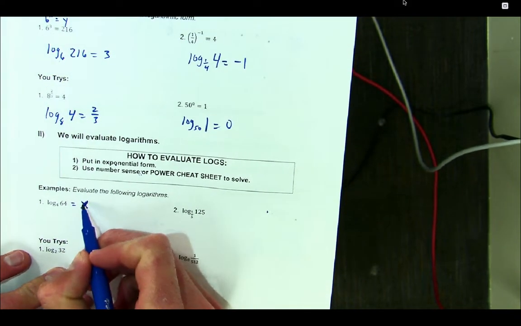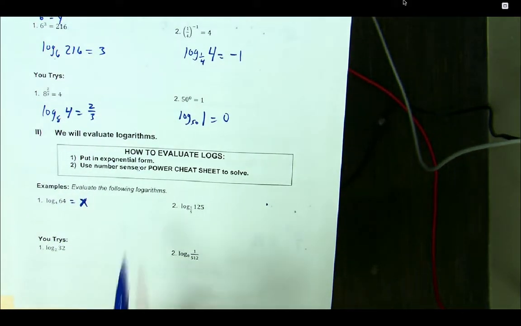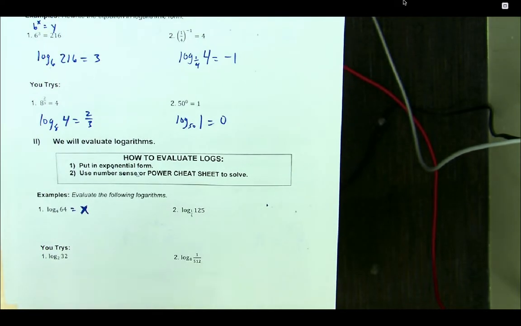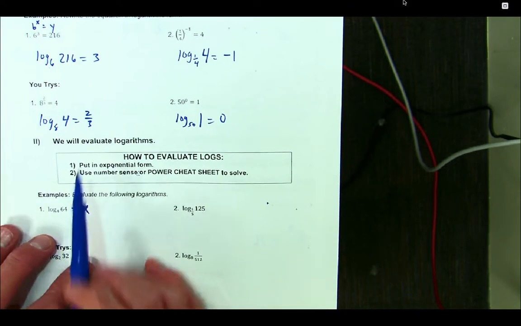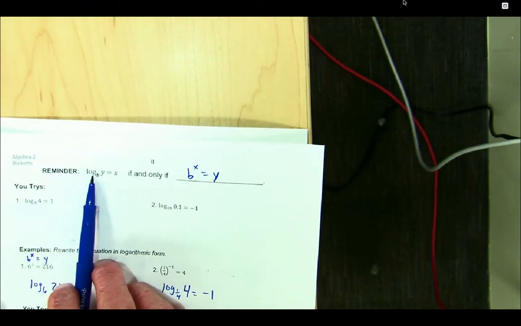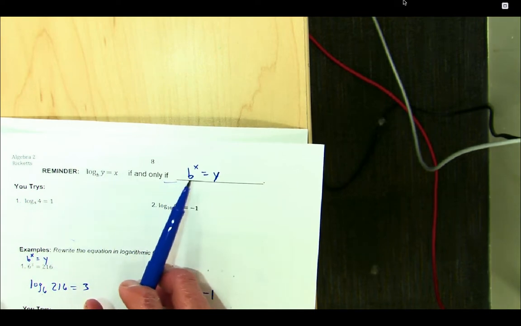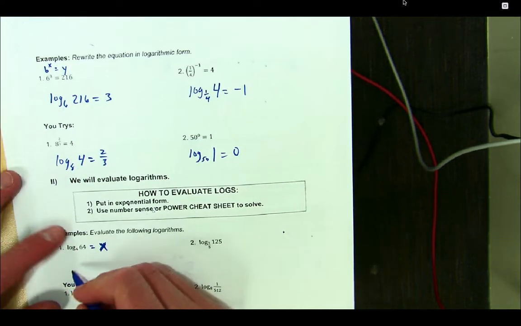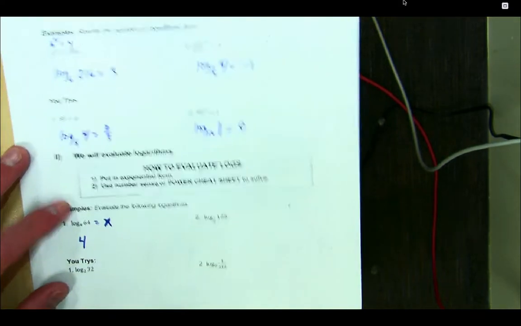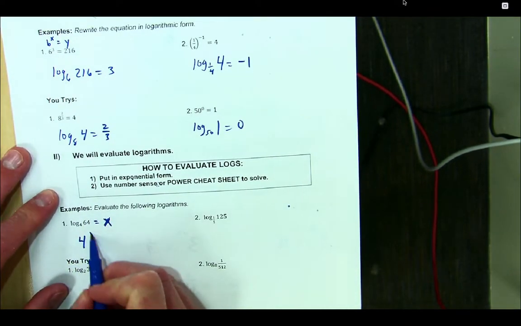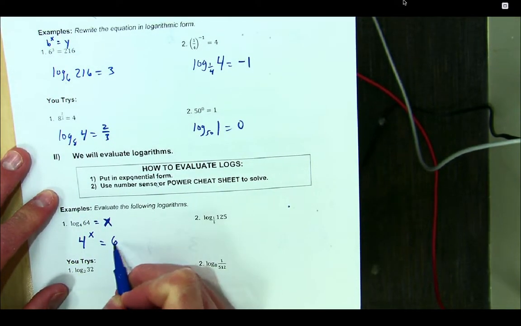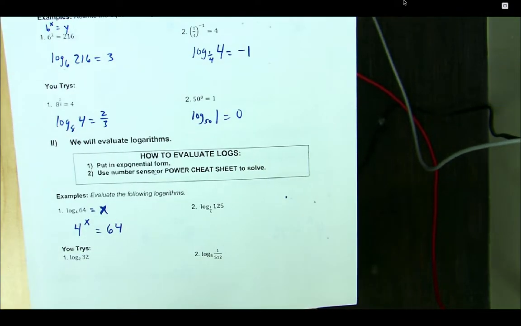Okay. So when we rewrite it in exponential form, it looks a little bit more familiar. So how do we rewrite this in exponential form? I have log base 4 of 64 equals x. So you're going to rewrite it. You take your base, my base is 4, to the power of what's over here, which is x, equals what's next to, which in this case is 64.